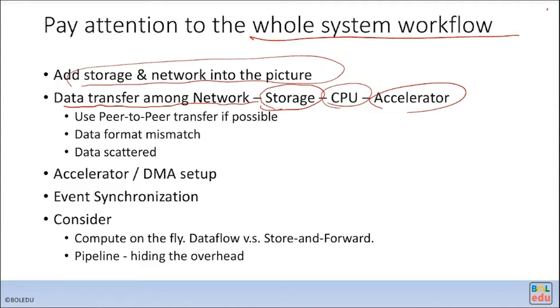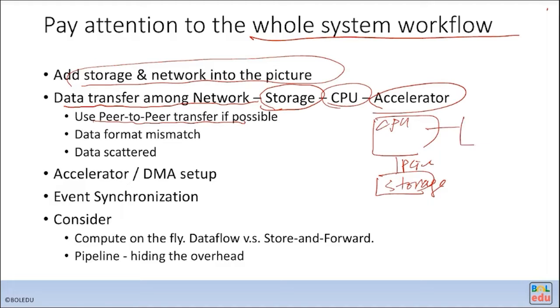Okay, in here, you will try to use the technique of peer-to-peer transfer. For example, a lot of the time the storage is hooked on a PCIe bus, and you have the accelerator FPGA also put onto the PCIe bus. So the computation actually works on the data from storage.